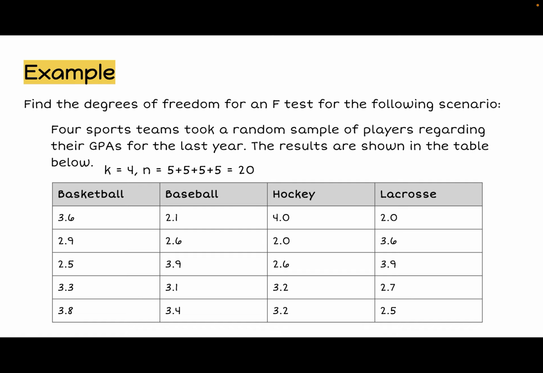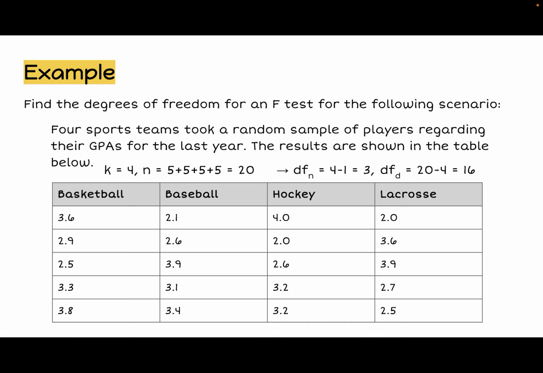Looking in that data table, I can see each of the 4 sports has 5 data values in it. So 5 plus 5 plus 5 plus 5 is 20. So k is 4, n is 20. I know that the degrees of freedom for the numerator is k minus 1. So 4 minus 1 is 3. And the degrees of freedom for the denominator is n minus k. So 20 minus 4, which is 16.